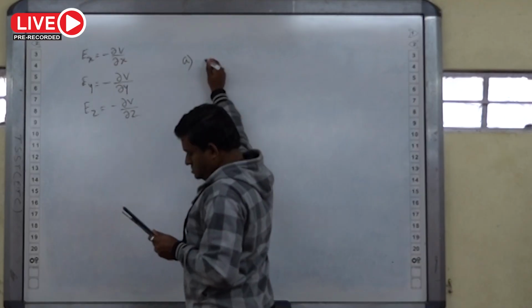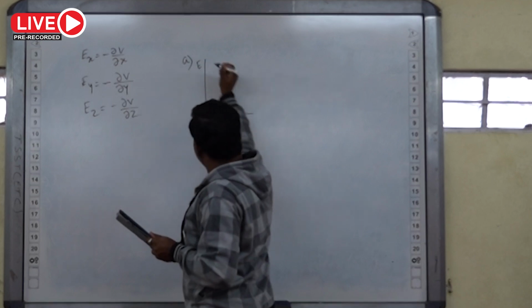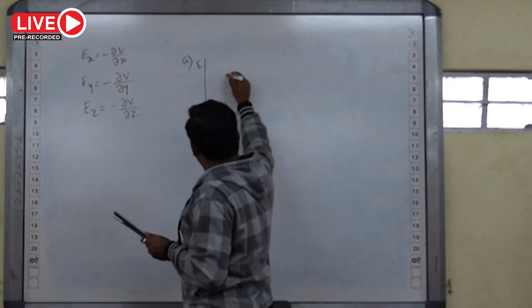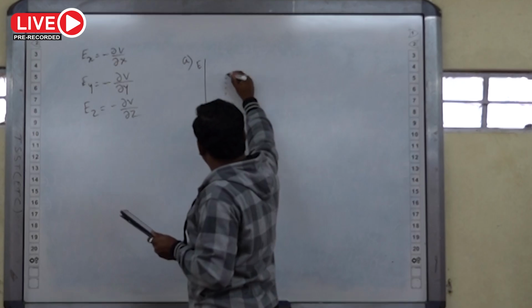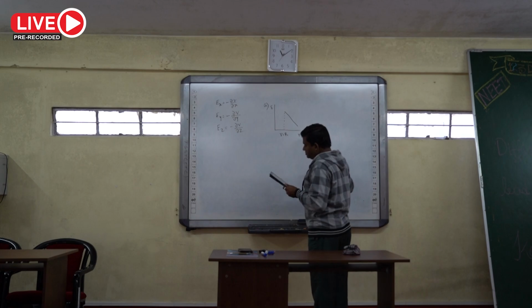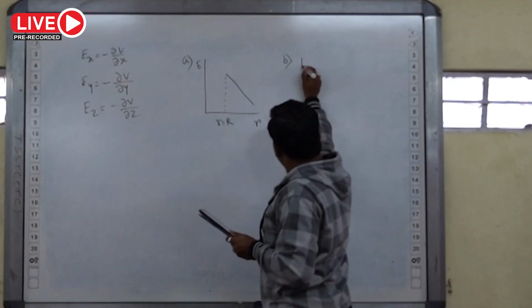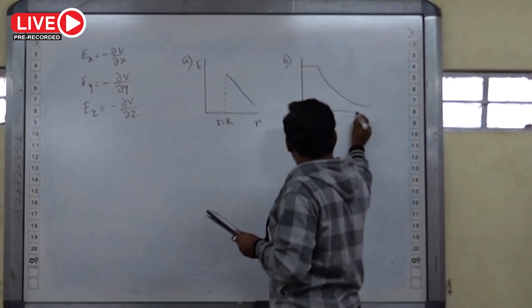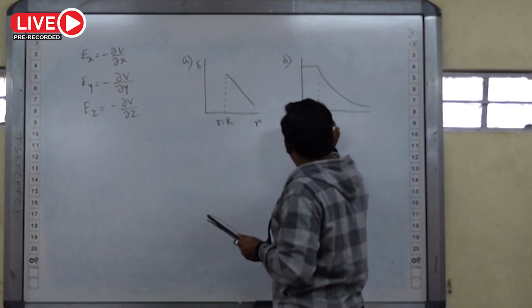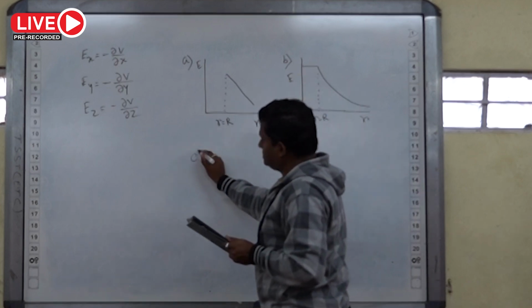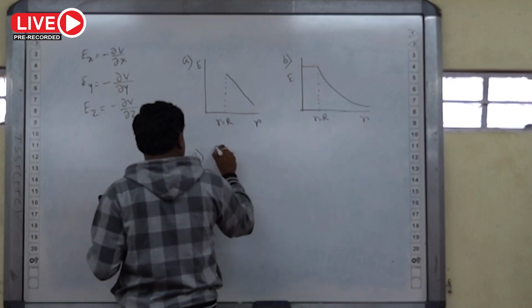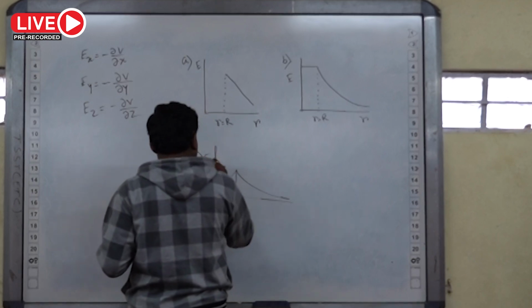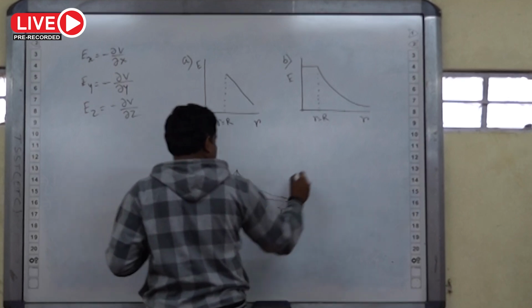Options are given. The radius of the sphere is capital R. Option C, option D.